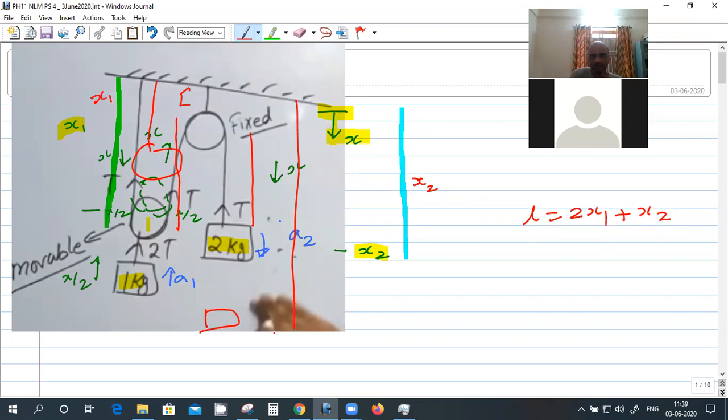So x1 and x2 are not the same, but these two sides of the same pulley will be the same. The left side will be x1 and this also x1. So the length of the string is 2x1 plus x2.